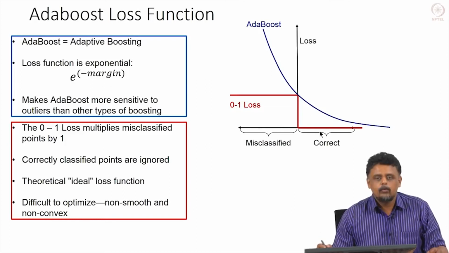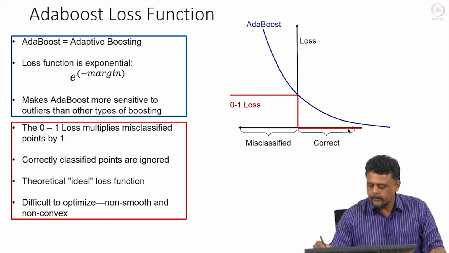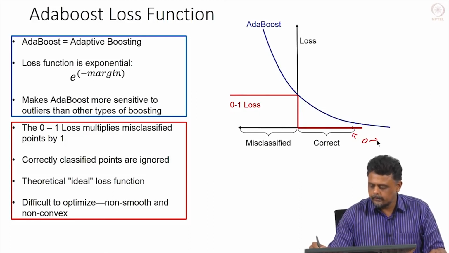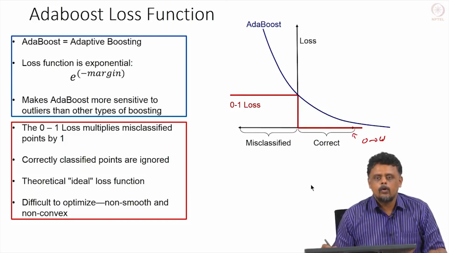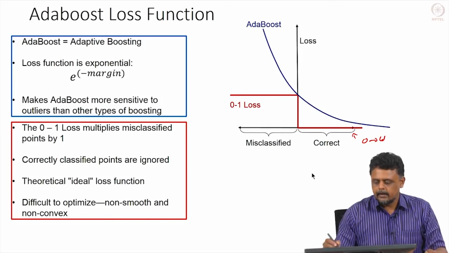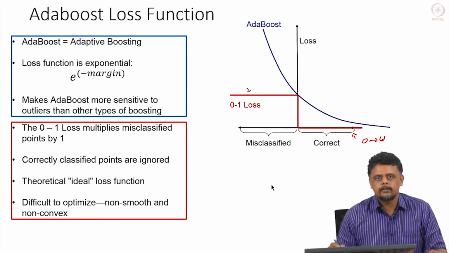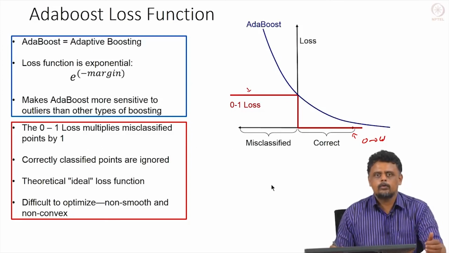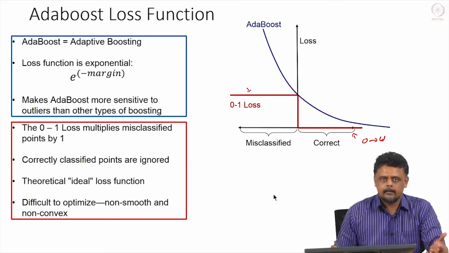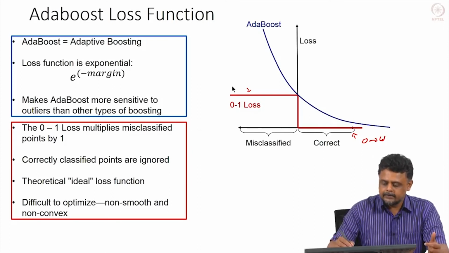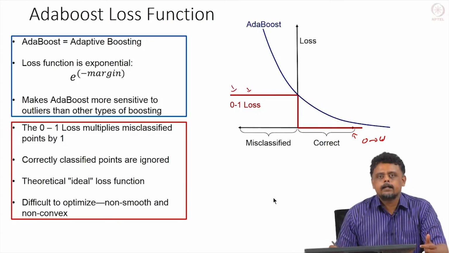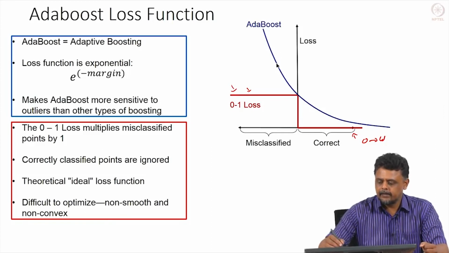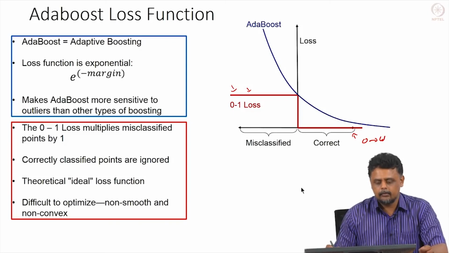What we ideally want to do is assign 0 weight to all the correctly classified data points and a maximum weight of 1 to all the misclassified data points, and then move on to fit another regression tree or classification tree depending on the problem. But this kind of loss function is difficult to optimize. So it is replaced by this exponential loss function, which is what AdaBoost does.